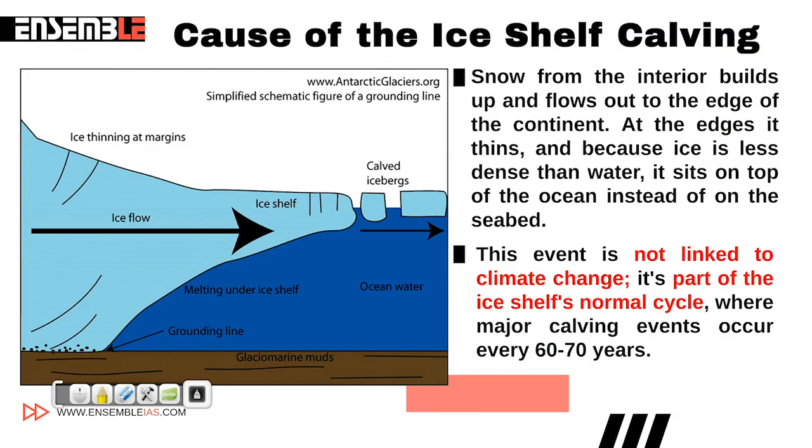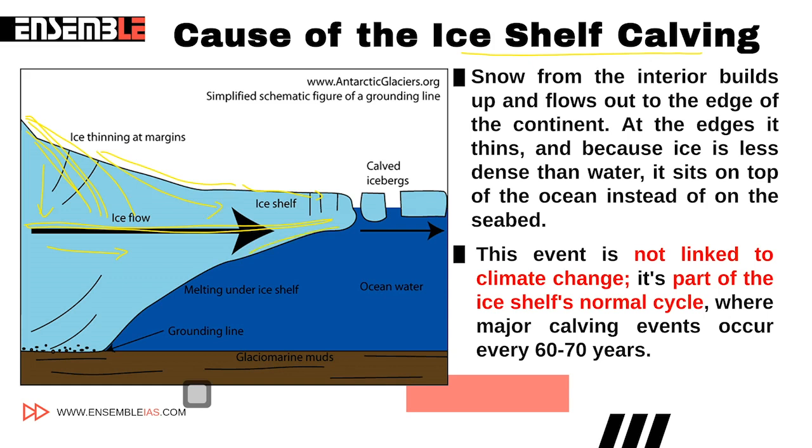Now coming to the next part, understanding how exactly this ice shelf calving takes place, this breaking off. So suppose this is the mainland where the ice is. Now ice is piling up in the center, and then due to the friction beneath and the forces and the pressure beneath, the ice is thinning at the margin and moves from this area to this area.